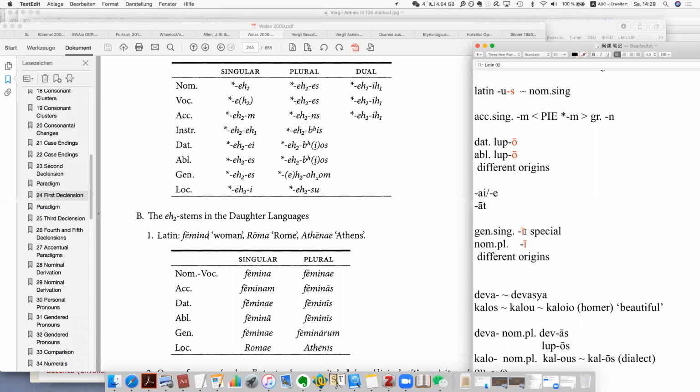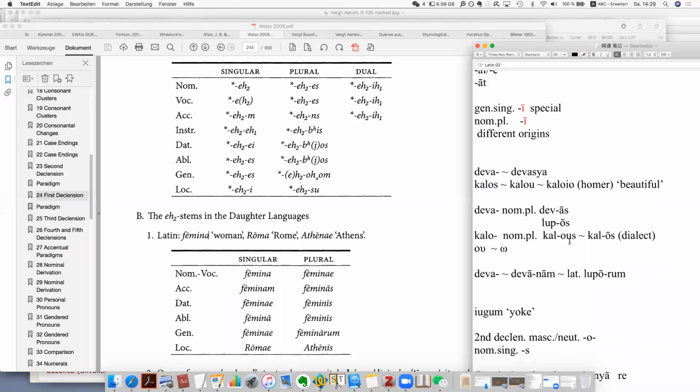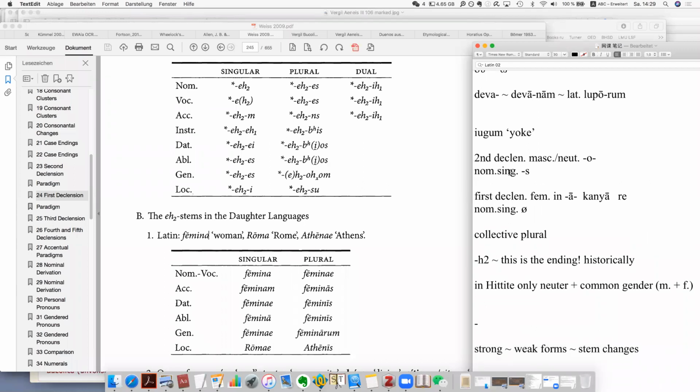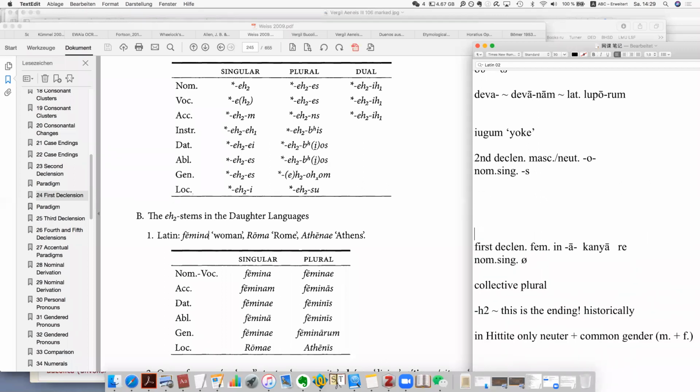But the historical explanation of this E we can talk about later in our course. But now you can just memorize it. It's an E and it's a special form. Okay, and then we talk about the first declension.